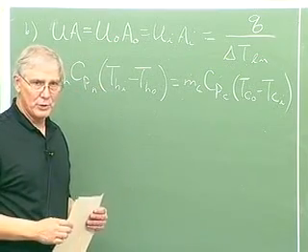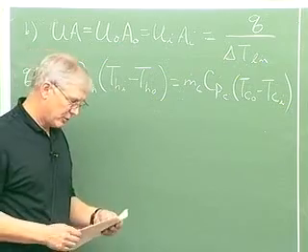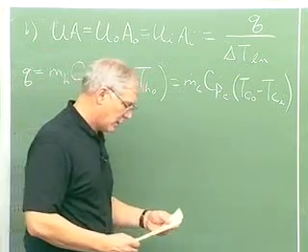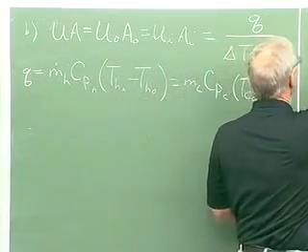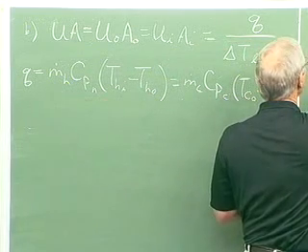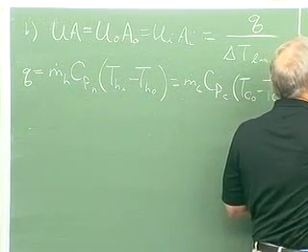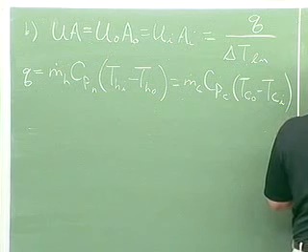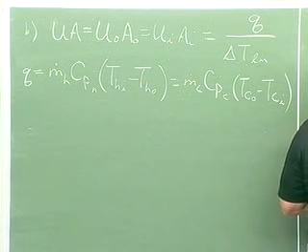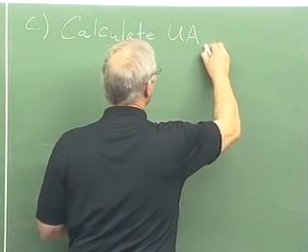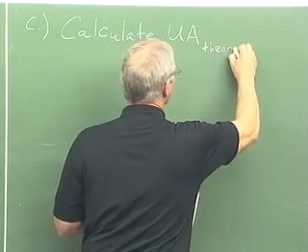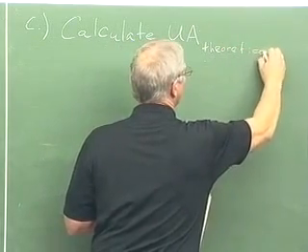Next we want to be able to predict UA, so we want the theoretical UA. It asks us to calculate UA, we'll call it theoretical, or predicted, either one.